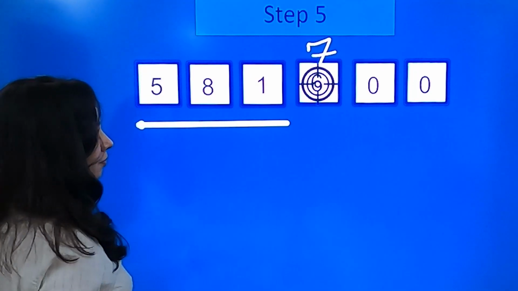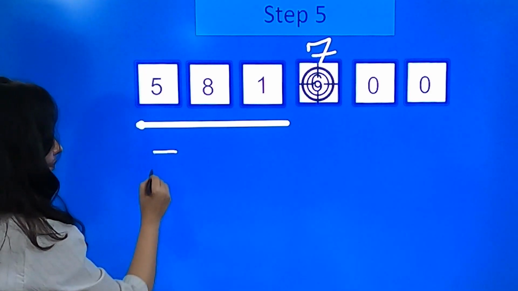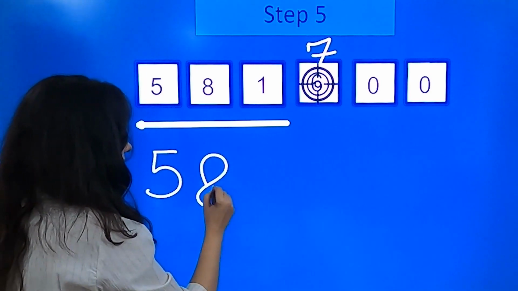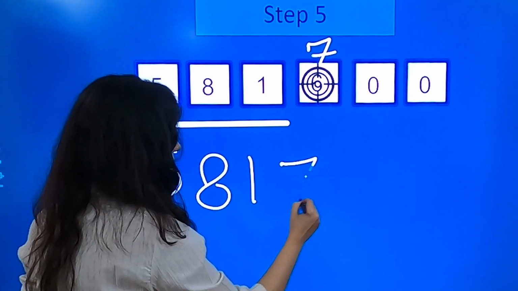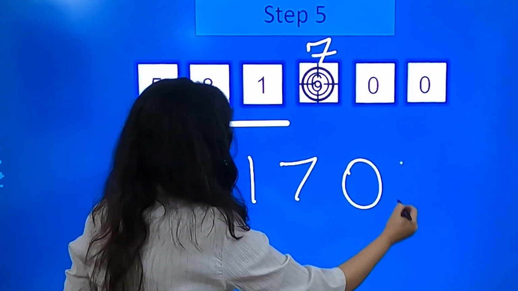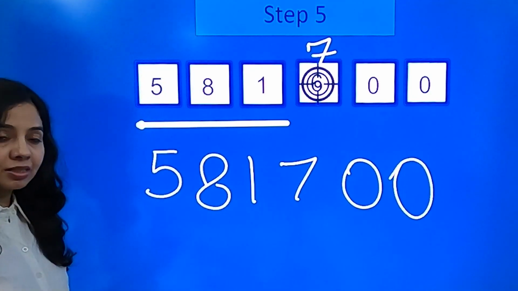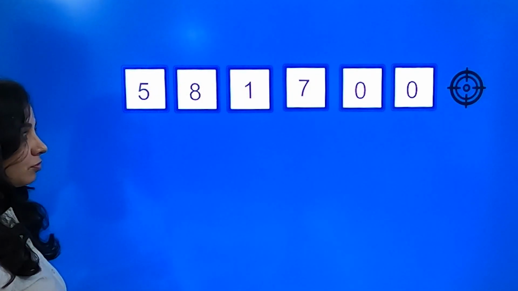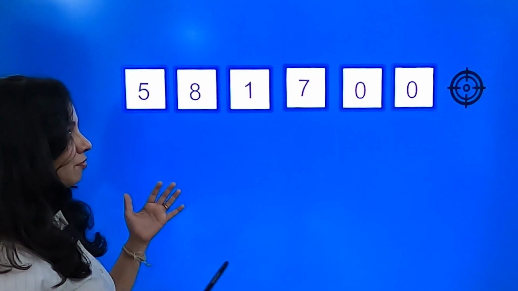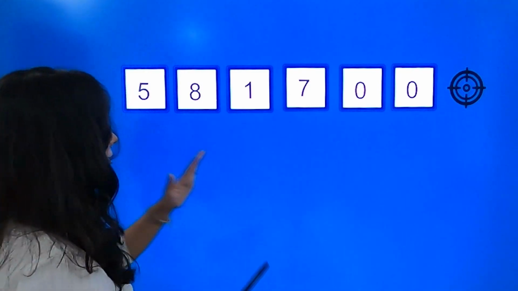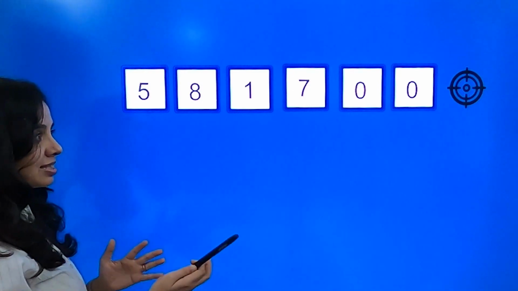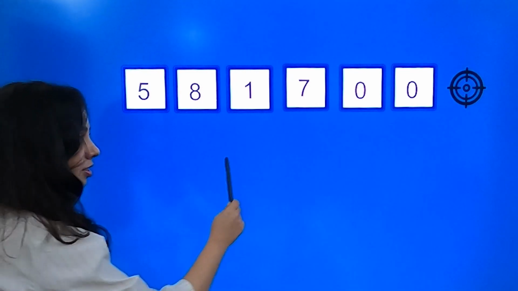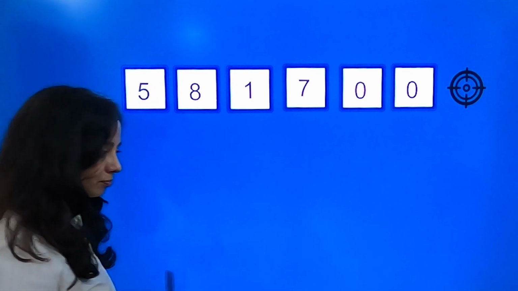All the digits will remain the same. So our number became 581700. Are the steps clear to you? After rounding off the number 581673, the number became 581700. Nearest 100 we have rounded off.